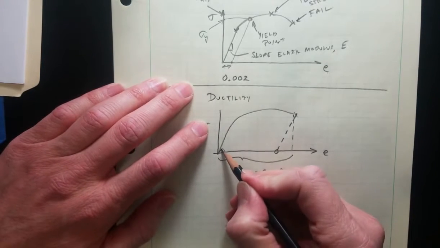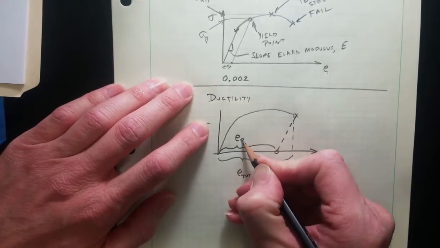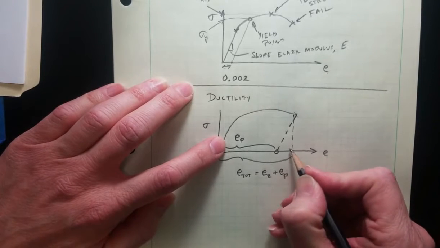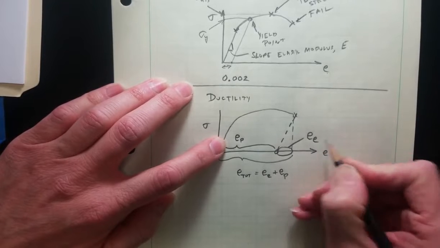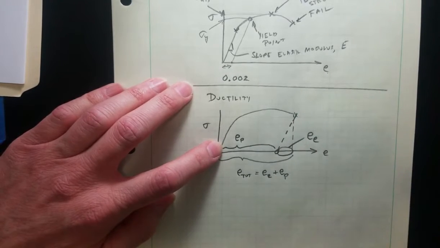And we can say that this part is the plastic strain that's residual after fracture. And this part is elastic, and that's the part that's recovered upon failure.